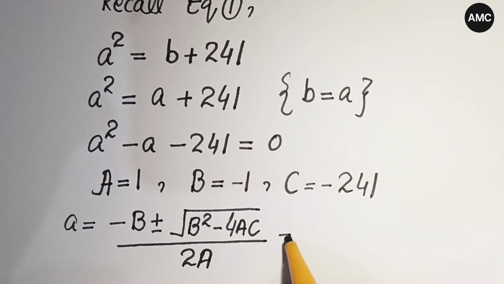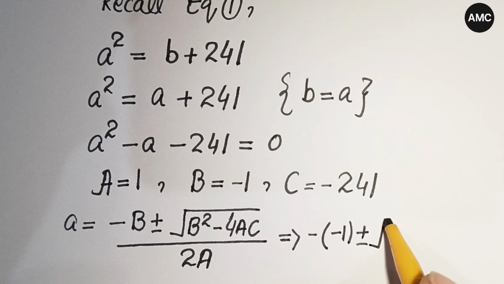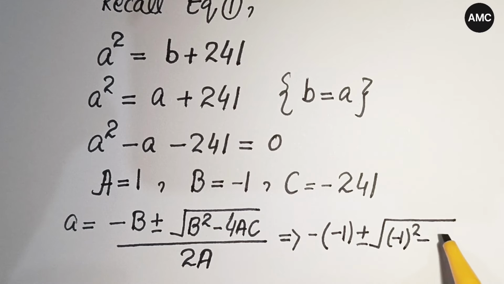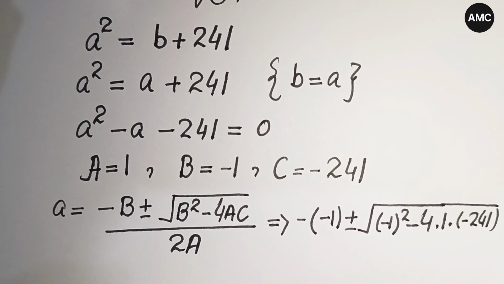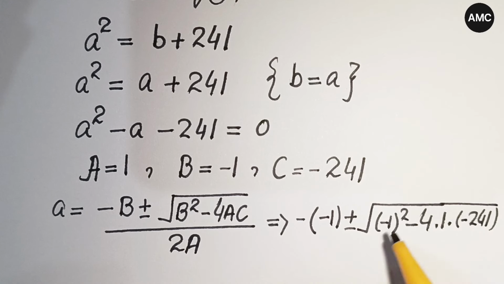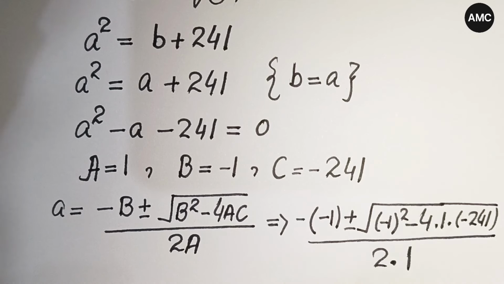So putting values, we will get minus the value of B, which is minus 1, plus minus square root of B squared, which is minus 1 whole squared, and minus 4 times A which is 1, C is minus 241, all over 2 times A, which is 1.